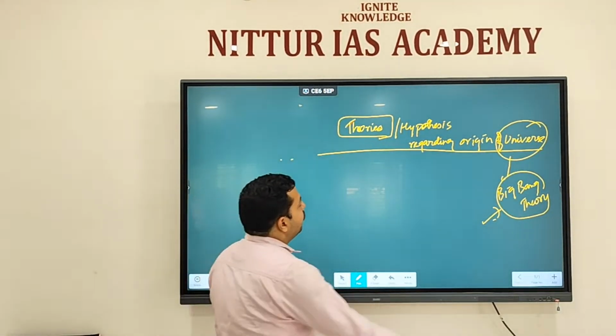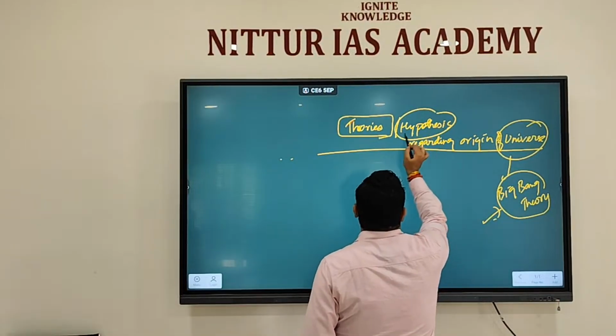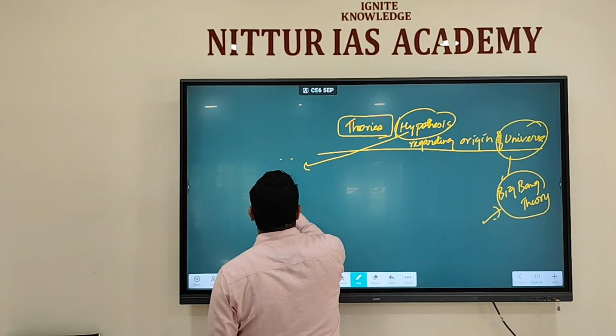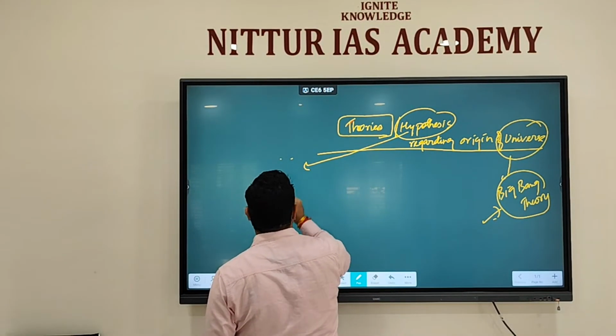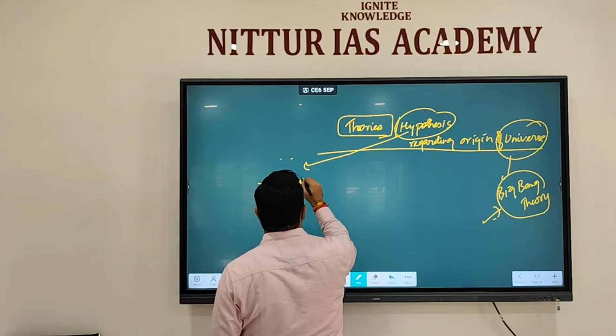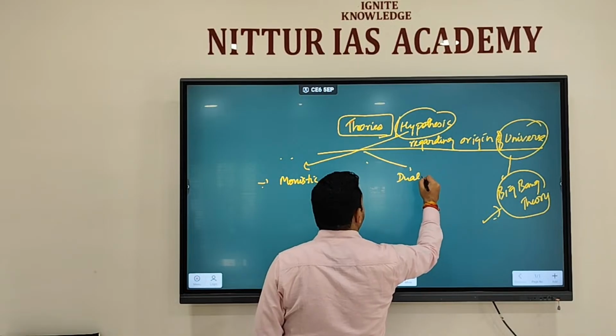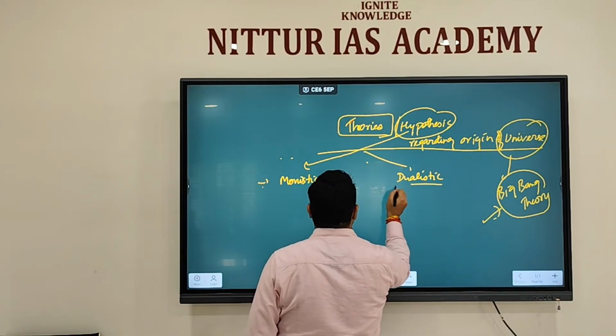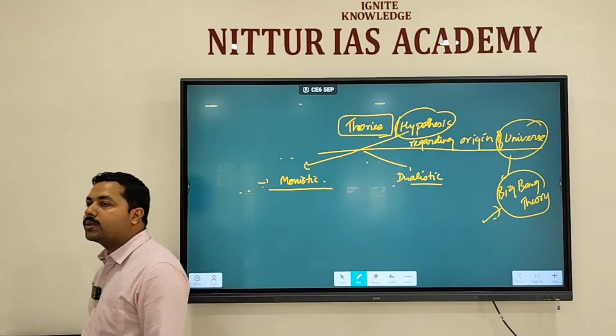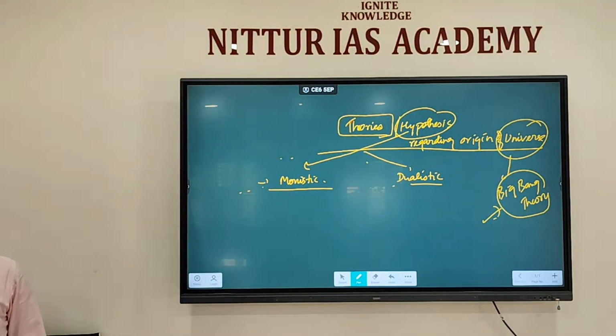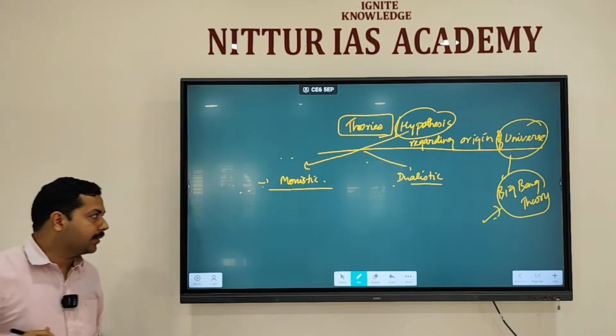Now, various types of hypotheses are mentioned in the NCERTs, and we classify these hypotheses into two parts, monistic as well as dualistic. Clear?